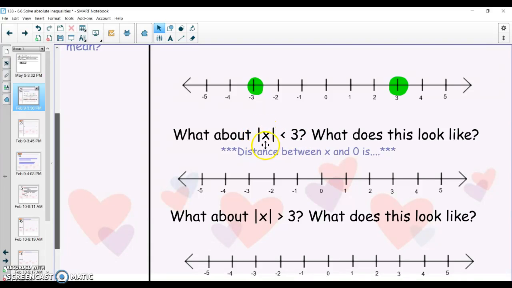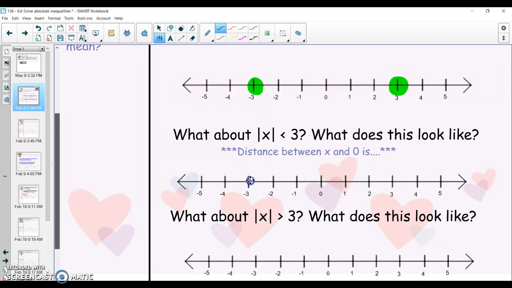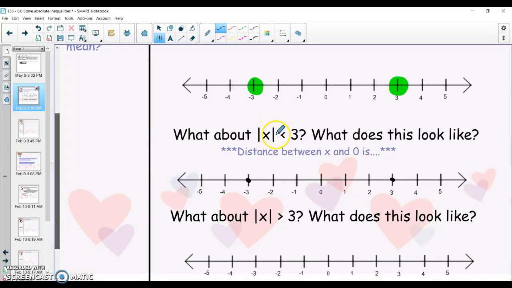Well, think about x at -3 and x at +3, and you want the distance between whatever x is and 0 to be less than that. So that would be anything in between, because any number in between these two values is going to have a distance between 0 and that number that is less than 3.